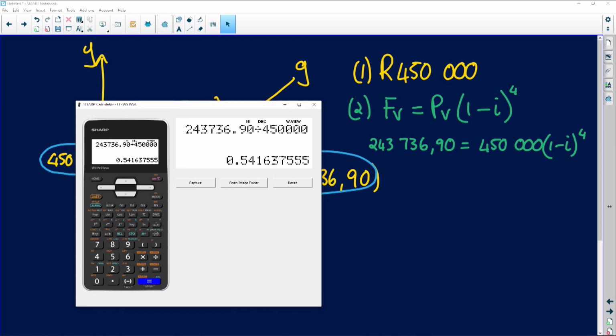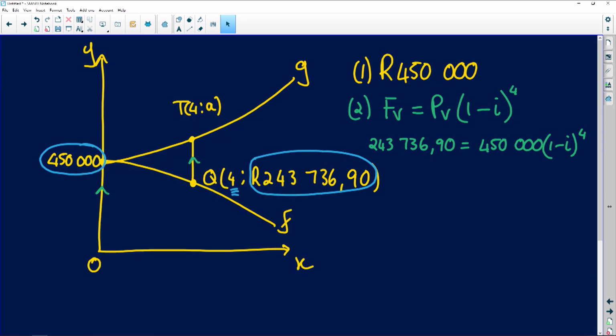Okay, and that gives us 0.54163. That is 0.54163 is what I'm going to use. That is equal to 1 minus i to the power of 4.